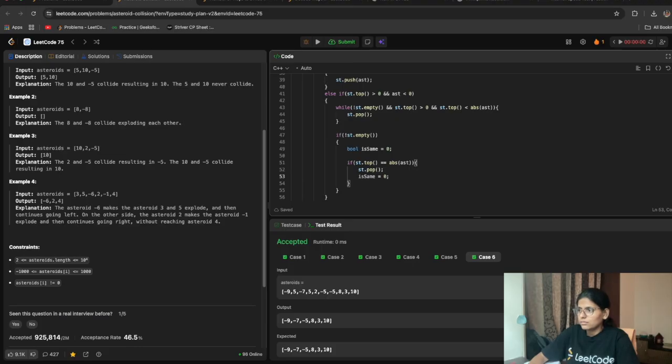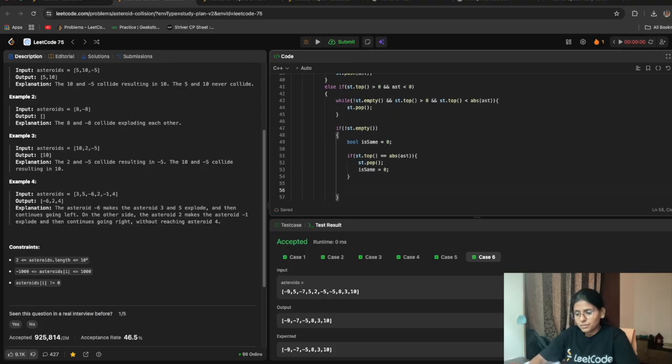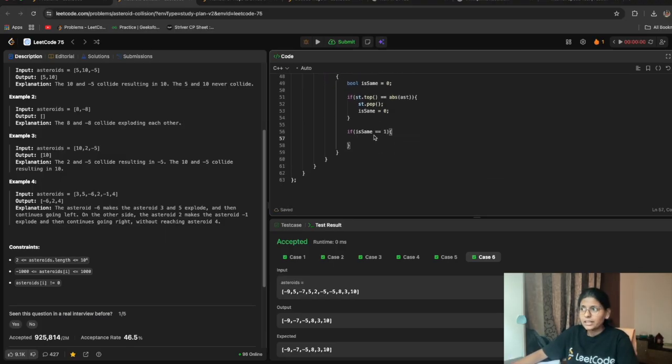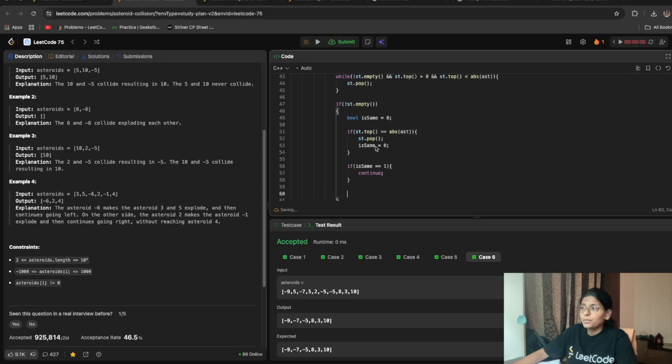And if my isSame is equal to 1, it means they were the same, then I don't want to include the current asteroid, so just continue the process. And then we will see, if this doesn't happen, that st.top wasn't equal to the absolute value of ast, if st.top was less than the absolute value of ast, it was popped out in the earlier condition.